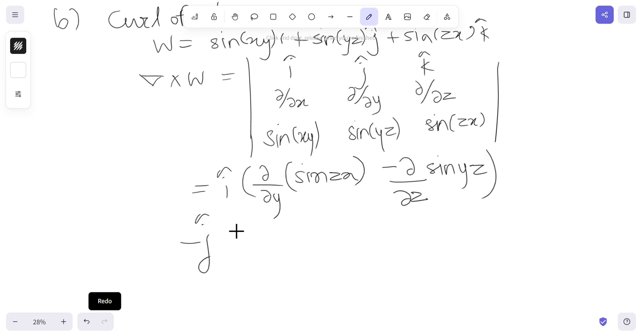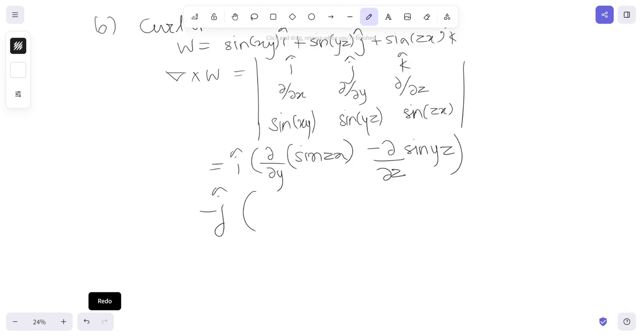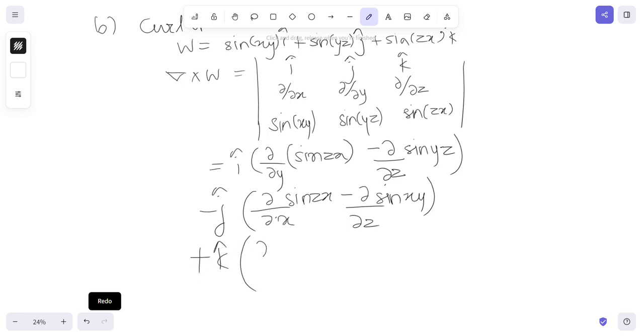Minus j cap of the derivative with respect to x of sin of zx minus the derivative with respect to z of sin of xy. Plus k cap, we would take the derivative with respect to x of sin of yz minus the derivative of sin of xy with respect to y.